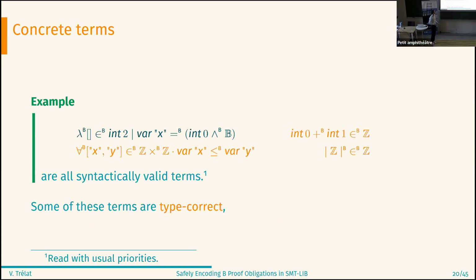Some of those terms are type correct. Some of those terms are said to be well formed. For example, cardinal of Z is a member of Z is not well formed, because cardinal of Z is not well formed. And the first one just does not make any sense. But this is what we are trying to formalize: a type system and an idea of meaning, so it's semantics.